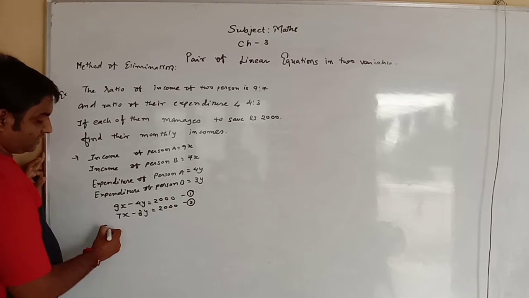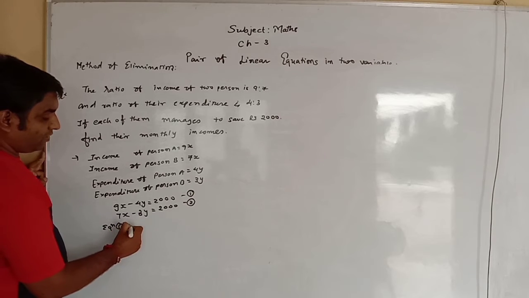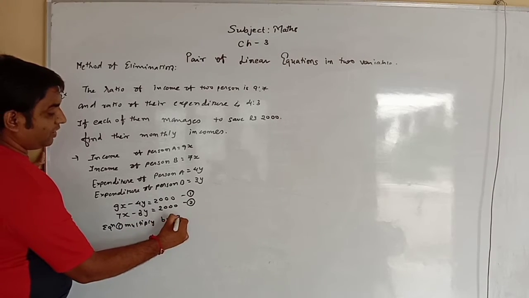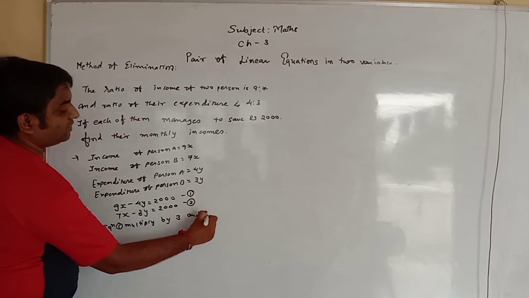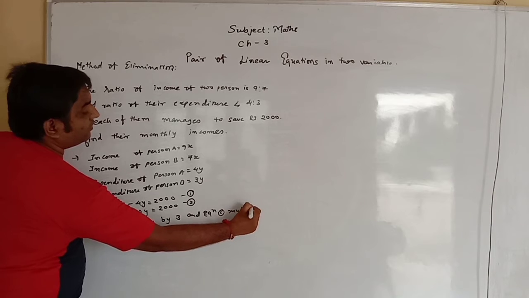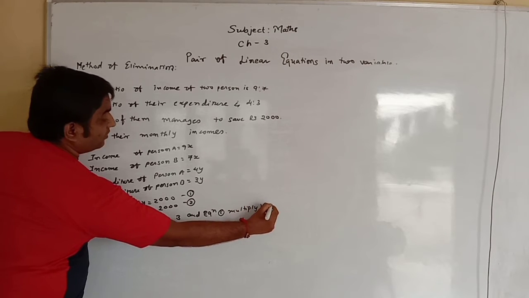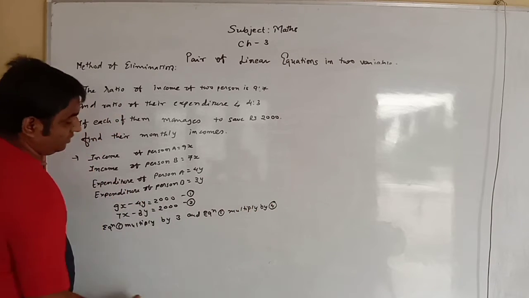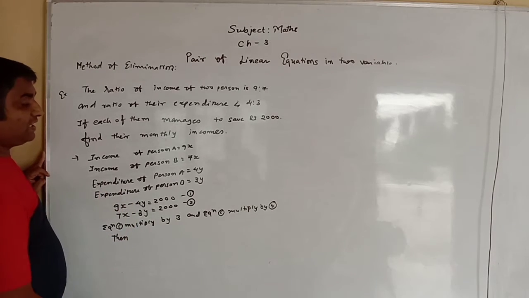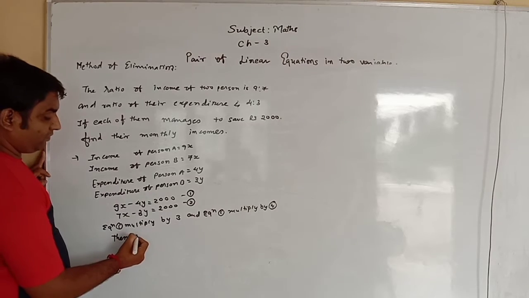So equation 1 is multiplied by 3 and equation 2 is multiplied by 4. Now here both the y variables have the equal sign, so we need to subtract them to eliminate.